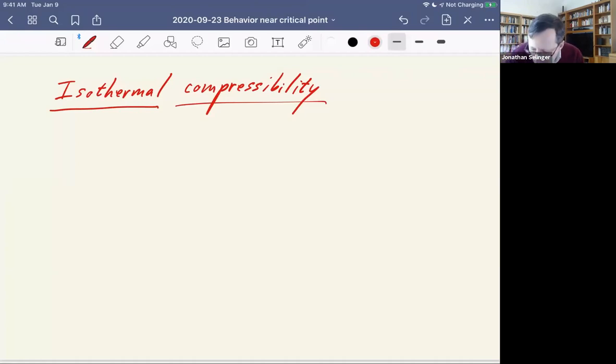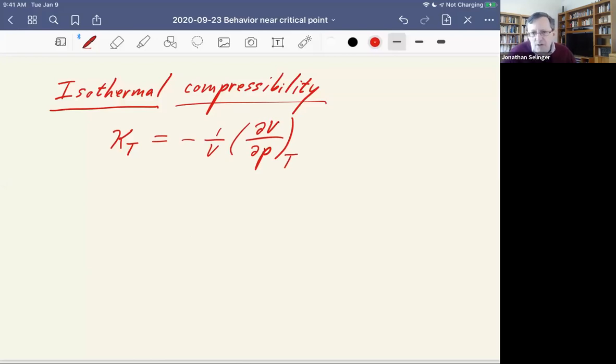Okay? So the definition of that thing is kappa sub T is minus 1 over volume times the derivative of volume with respect to pressure at constant temperature. So here we're taking the volume and differentiating it, right?